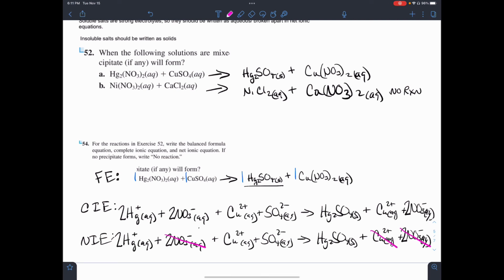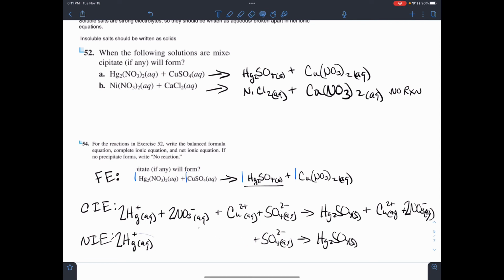This copper is on both sides. What you will find is that the ions that remain are just the 2 that are involved in making the actual solid. So we can go ahead and delete this, and we can go ahead and delete these because they are spectators, and this as well, also a spectator.